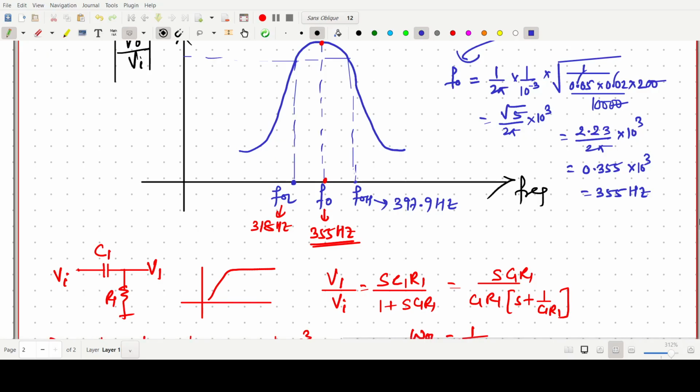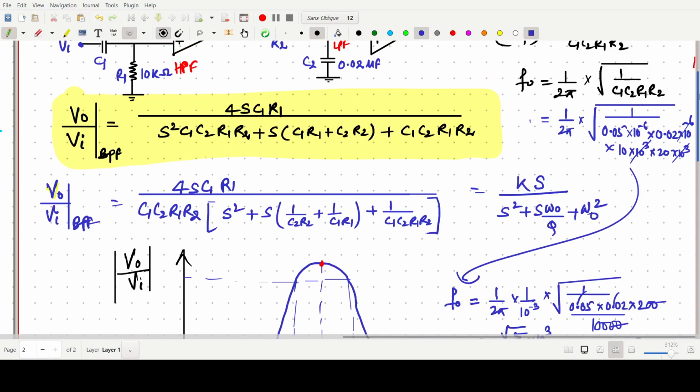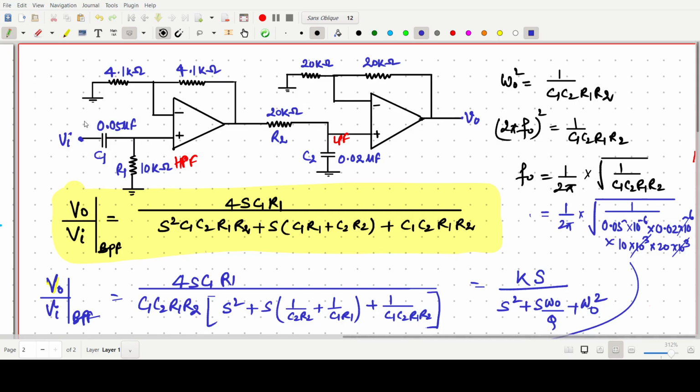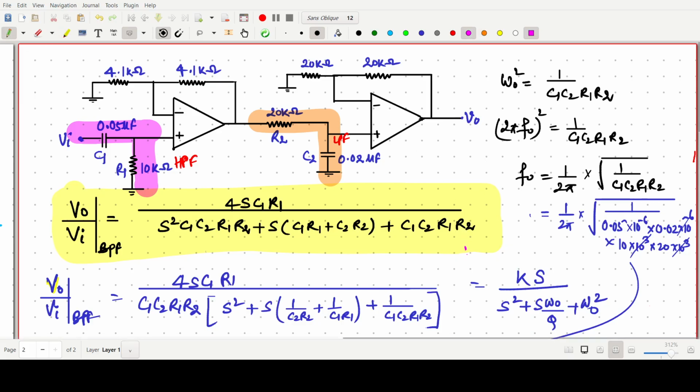So like that, we can find directly the lower cutoff and higher cutoff from this circuitry, because this circuit is responsible for the high pass function and this one for the low pass. But for the overall function, you have to calculate like this.